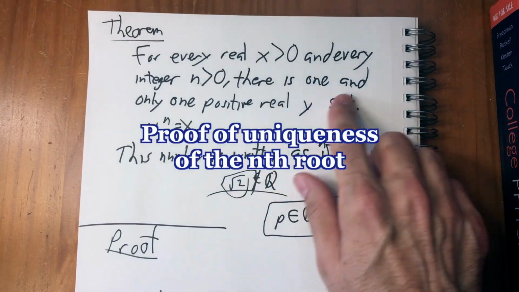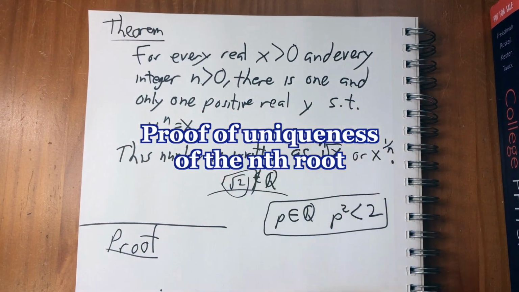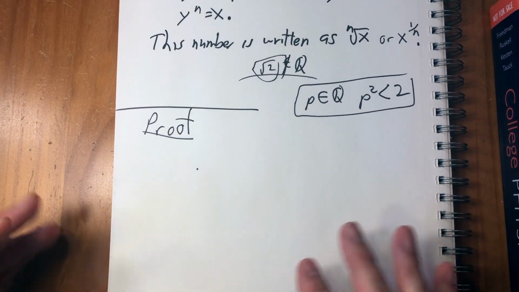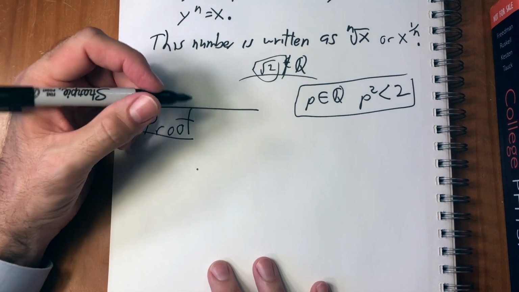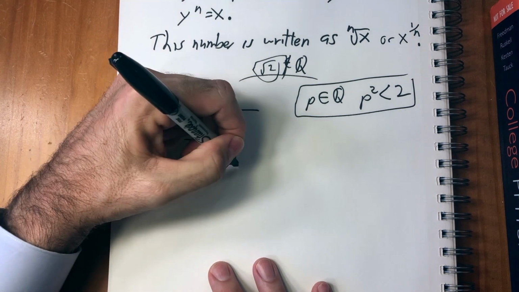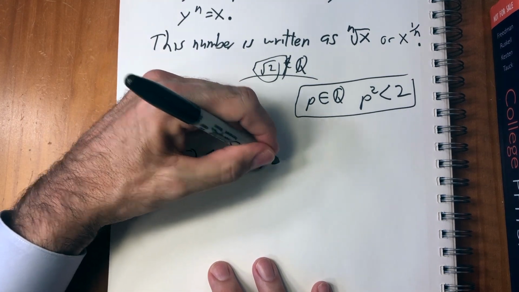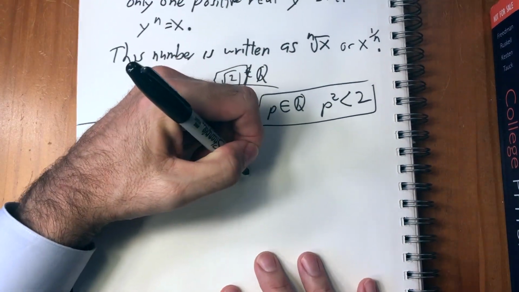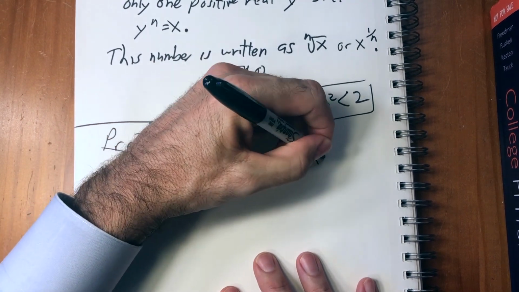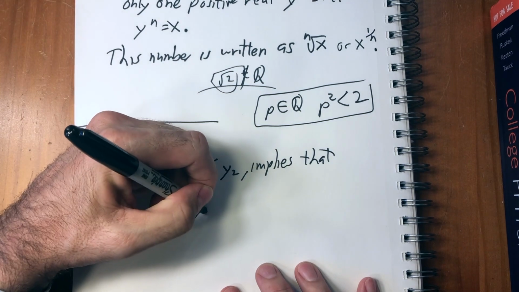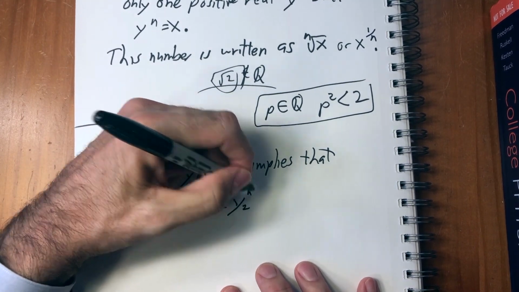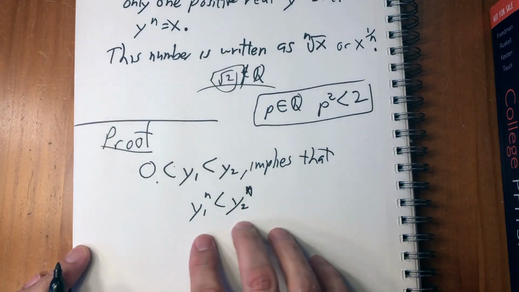unique. Remember, the claim is that there's one and only one. So not only is there a root, but there's only one root. So first we're going to just show that it's unique. That there's only one such y is clear, because if we had two, y1 less than y2, then this implies that y1 raised to the n is less than y2 raised to the n, meaning that they cannot both equal x.